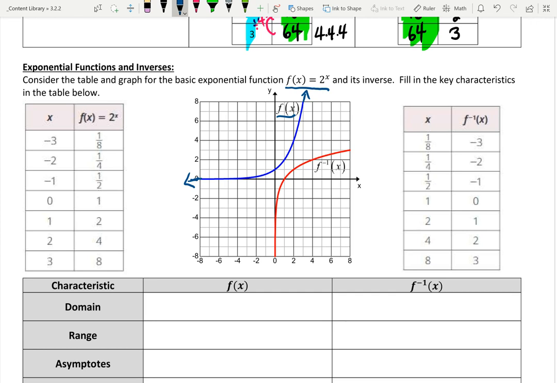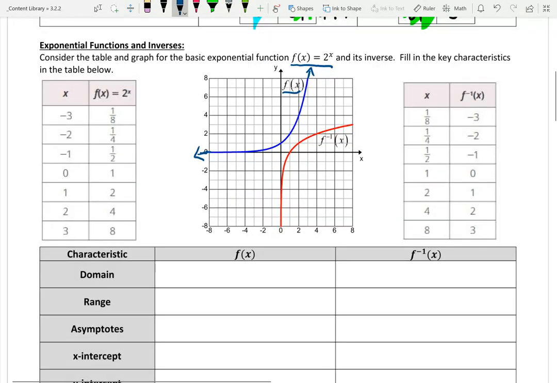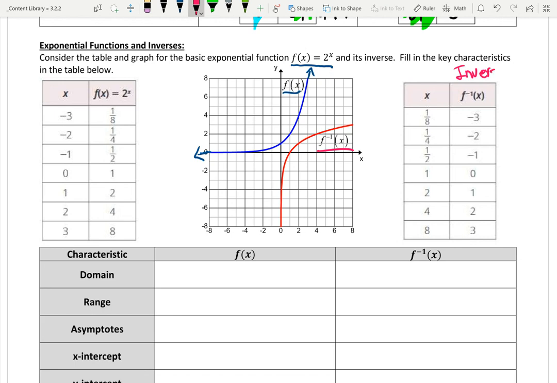Okay, so it says fill in the key characteristics in this table below. It has f of x, and then over in the red, it has f to the negative 1 of x, and this is the inverse. Now I do want to make a notation. This right here means it's the inverse. It does not mean the reciprocal.